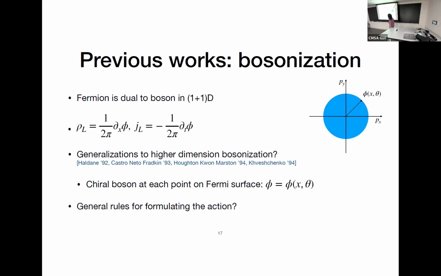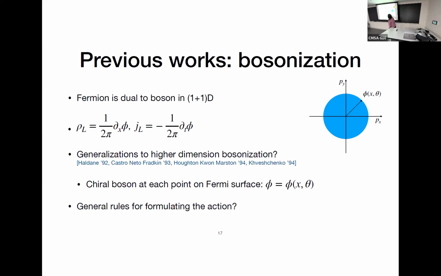For example, in 1+1 dimensions, the fermion is dual to a boson. And one natural question to ask is, what if we want to generalize this description to higher-dimensional bosonization?